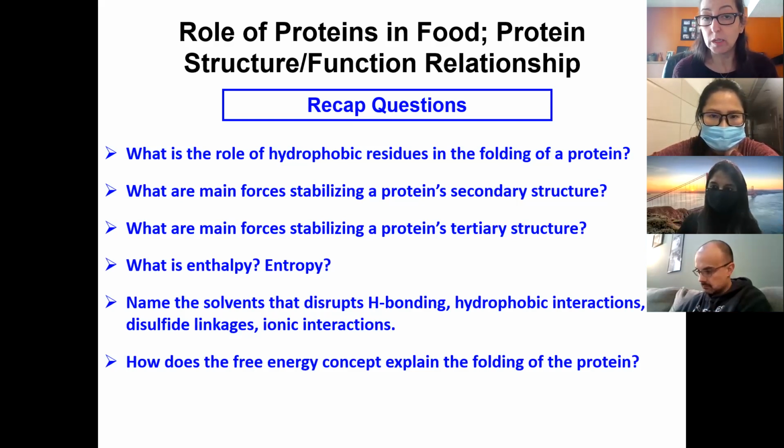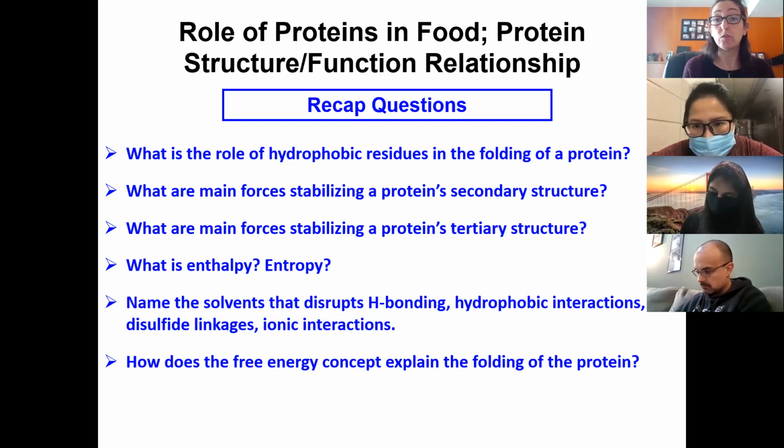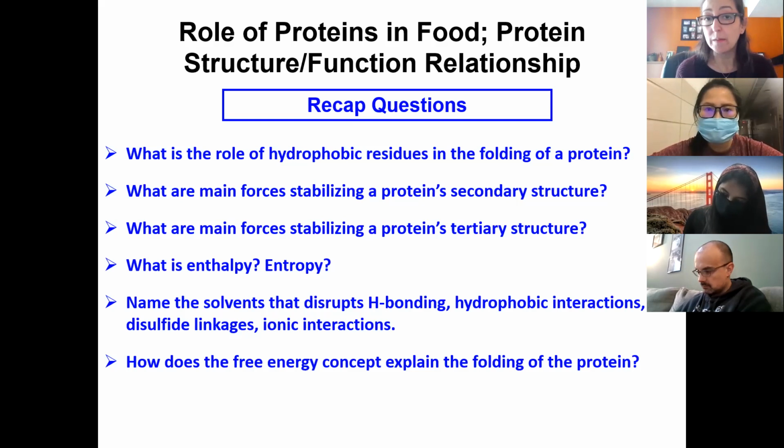So hydrogen bonding is then stabilizing the secondary structure. So hydrophobic residues drive the folding. However, when the protein starts to form secondary structure, the water is kicked out of the interior mostly. And instead of having hydrogen bonding with the water, the internal residues start having hydrogen bonding with each other and start to stabilize the secondary structure.